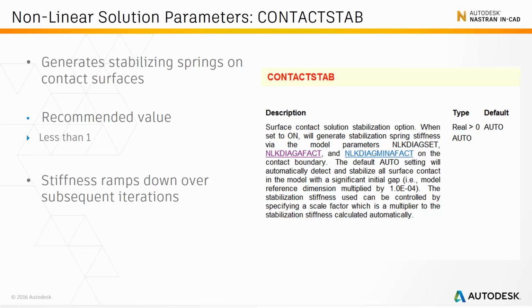It's great for getting rid of instability in your model, where your model may not necessarily be converging, and for holding those contacts temporarily in place until that contact occurs. You'll note that the stiffness ramps down over subsequent iterations. So the consequence of using this should be marginal in your overall results.